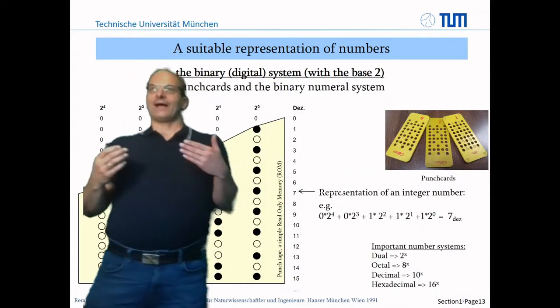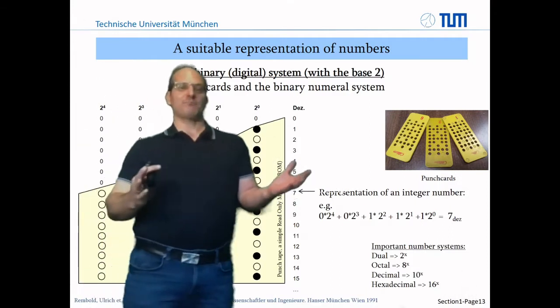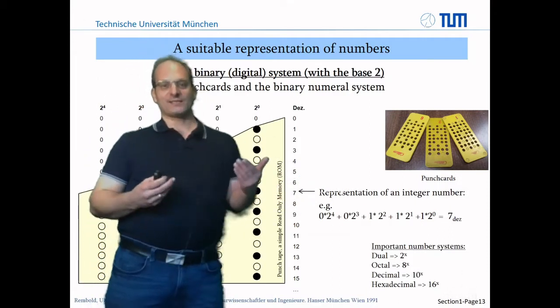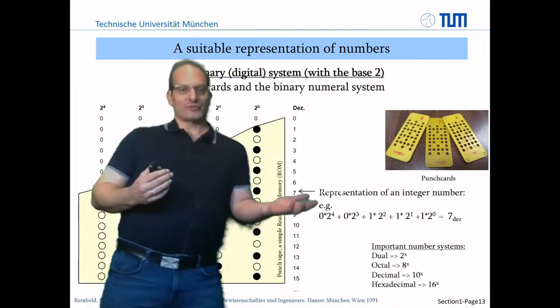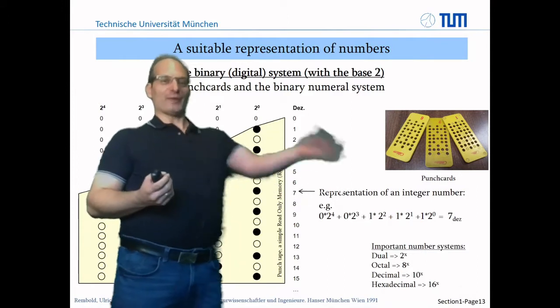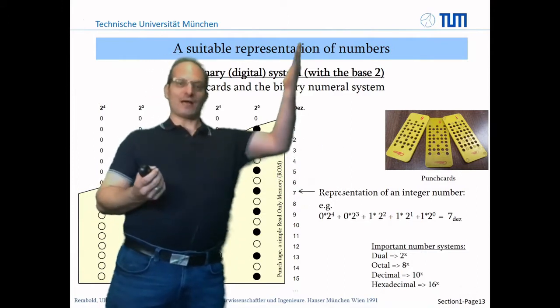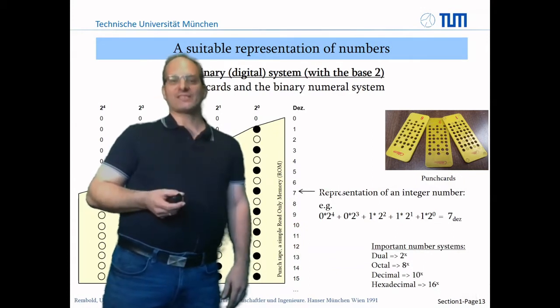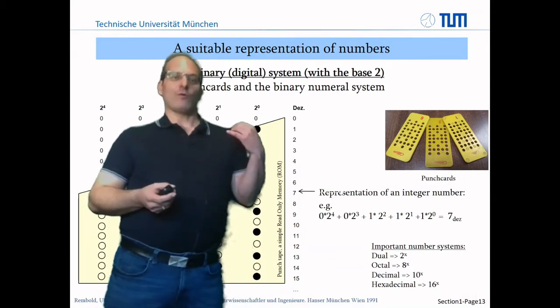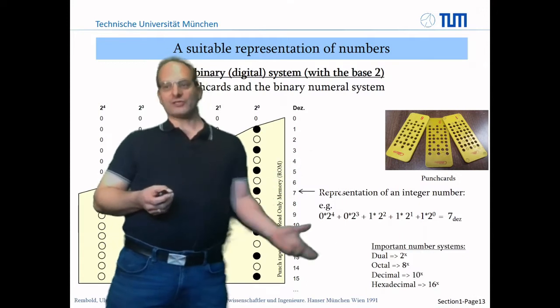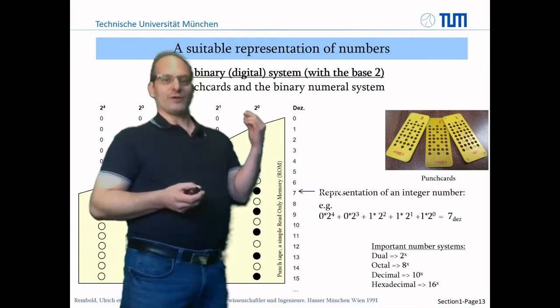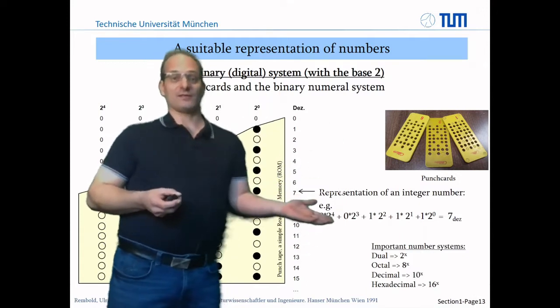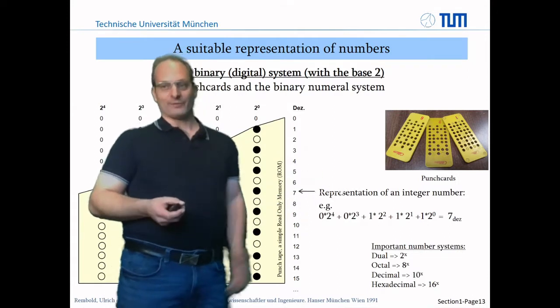So having such a nice method to represent the numbers with holes or pins or just states up and low, you can represent all of the things on punch cards or on different wooden boards or whatever.